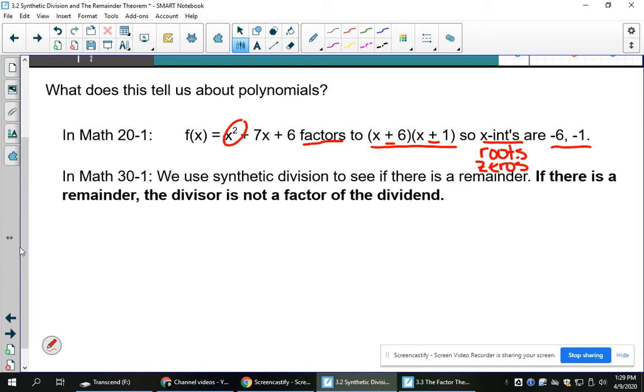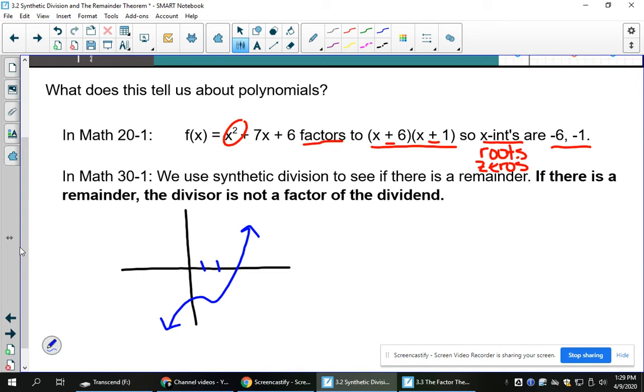So what does this look like on a graph? You've got your Cartesian plane, and I don't know exactly what 5x cubed minus 13 blah blah blah looks like, but let's assume it looks something like this, some cubic function. What we know for sure when we tried to divide x minus 2 from it, we know for sure that the root of 2, so an x-intercept of 2, is not on the graph.